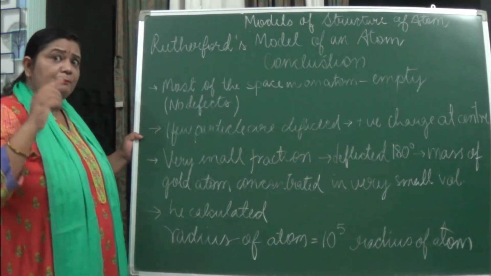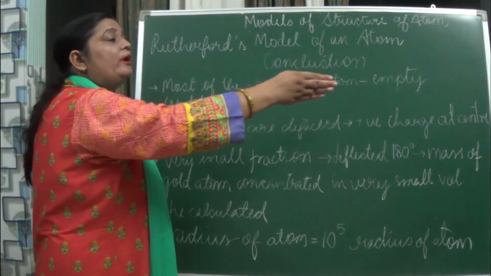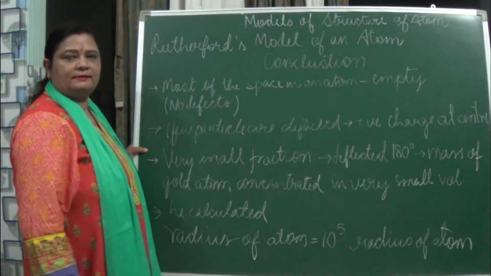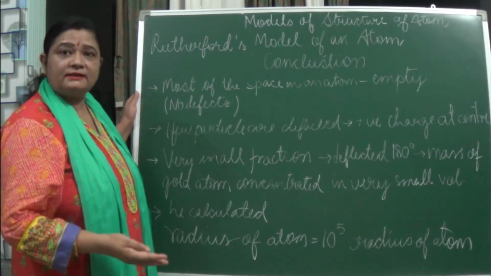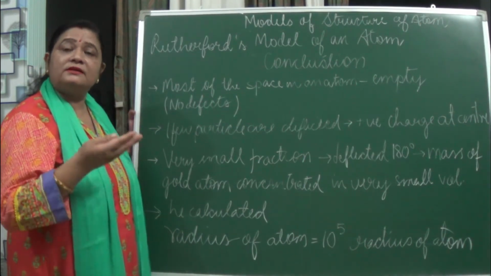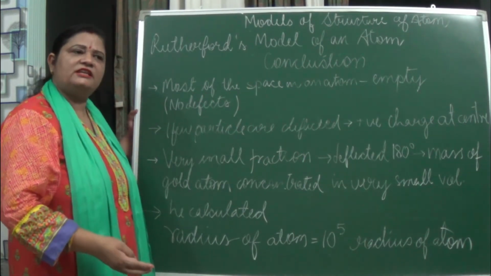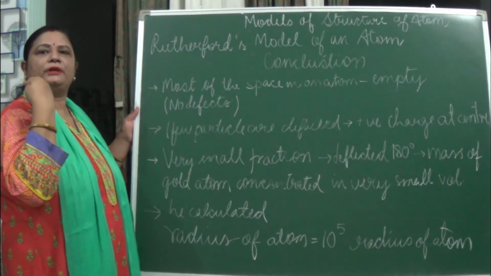But if the alpha particle is going through the center of the atom, where the positively charged particles are present, that is the protons, what happens? Alpha particles are also positively charged. Naturally what will happen? It will rebound back totally.